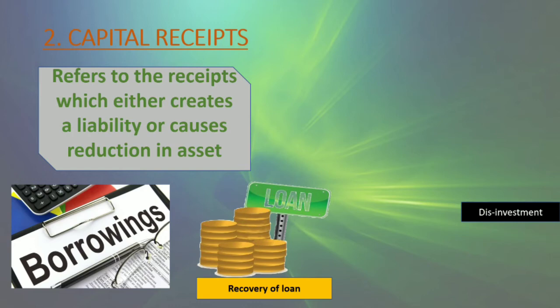Because as the loan has been recovered, we have got our money back. So our debtors have reduced. Debtors are considered to be an asset. So I can say indirectly that our assets have reduced. So if I ask you why recovery of loan is a capital receipt, you will answer it is a capital receipt because there is a reduction in asset, because there is a reduction in debtors.